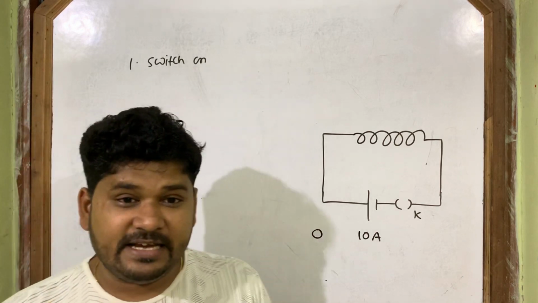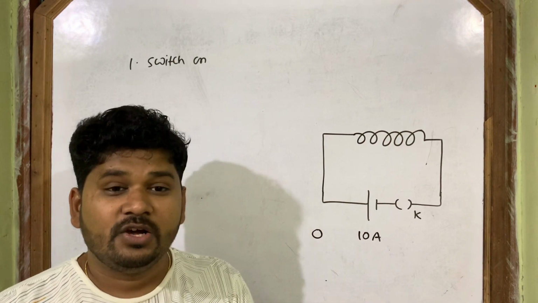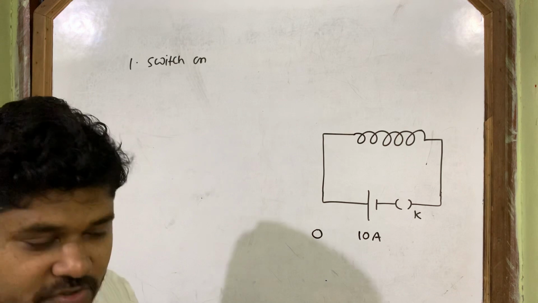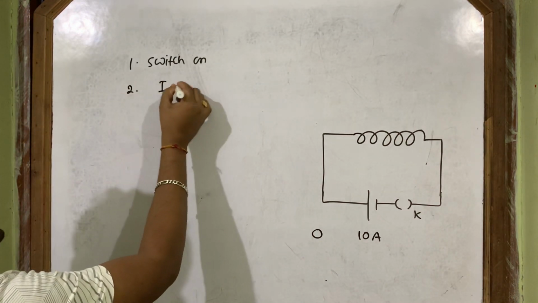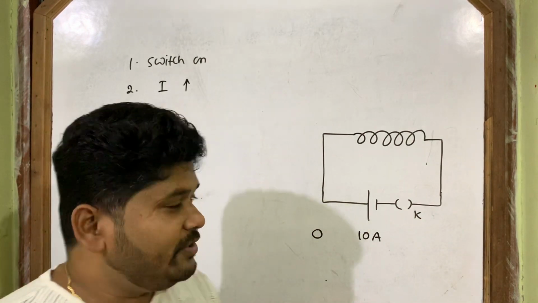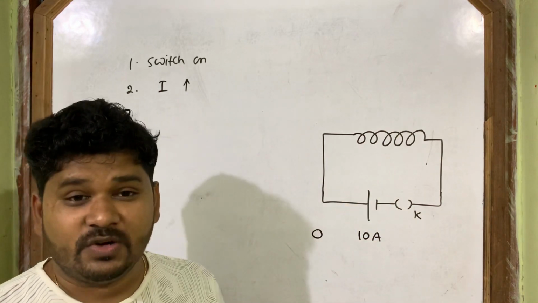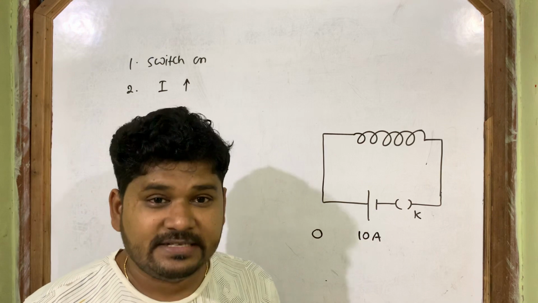What physics is there in this small interval of time when the current grows from 0 ampere to 10 ampere? So now let's discuss. When the switch is on, the next step is that the current increases. And you know, when current passes through this solenoid, this coil, it behaves like a magnet.